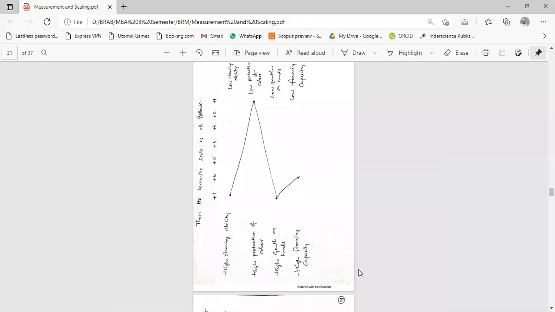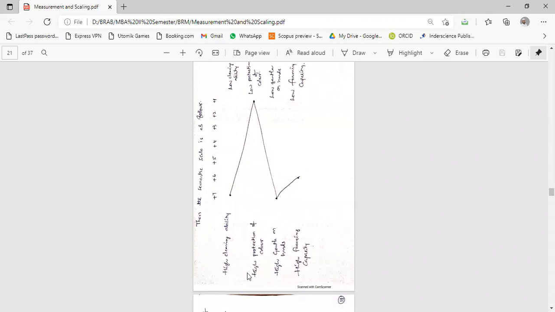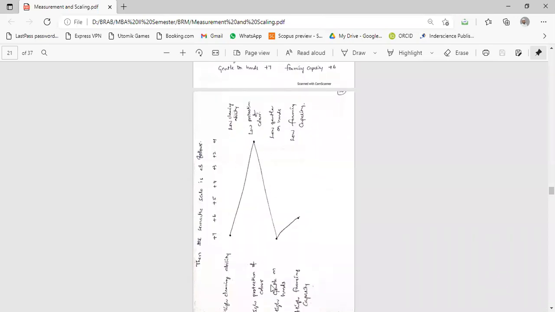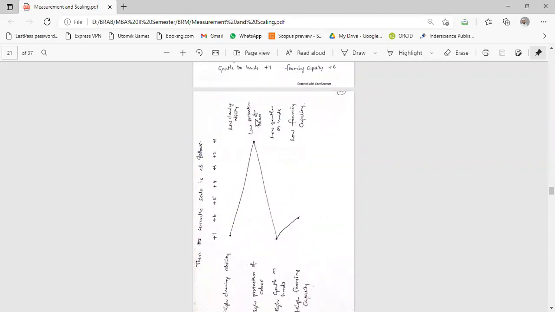So this is one extreme and another extreme, and in between 7 points will be there: +7, +6, +5, +4, +3, +2, +1. Now these extreme ends are given. This is how the semantic differential scale looks. Here he has given a rating. See, high cleaning ability, high protection of color, high gentleness on hands, high foaming capacity on one side, and low, low, low, low on the other.